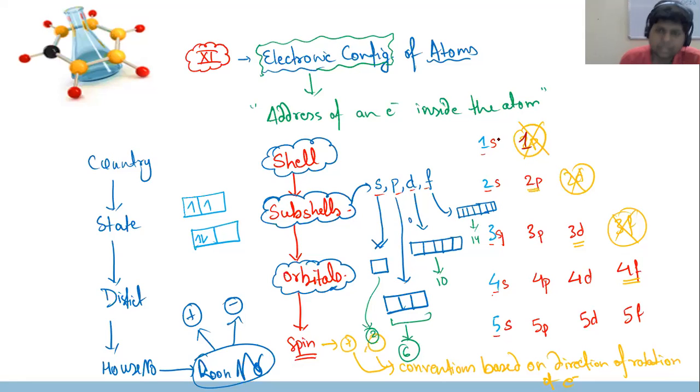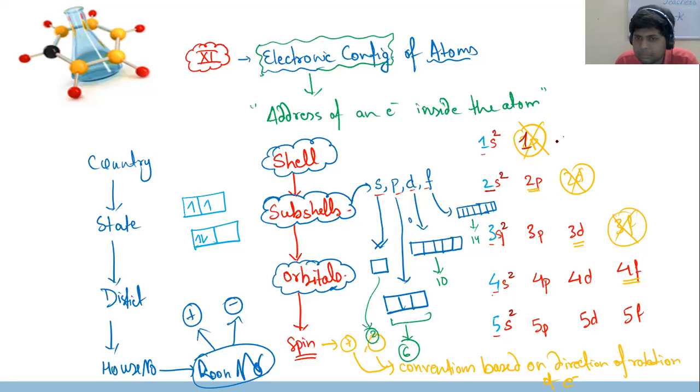In 1s, how many electrons can be accommodated? 2. So 1s, 2. Similarly, in 2s, 2. 3s, 2. 4s, 2. 5s, 2. Sir, I have a doubt. Then the first shell, that is the K shell, will have only one subshell.